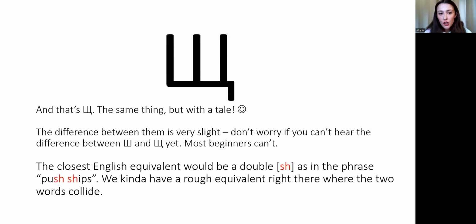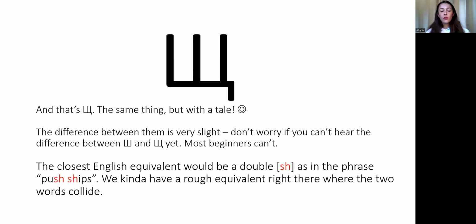And that's sh. It's the same thing, but with a tail. The difference between them is very slight, so don't worry if you can't hear the difference between sh and sh yet. Most beginners cannot hear the difference. The closest English equivalent would be a double sh, as in the phrase push ships.